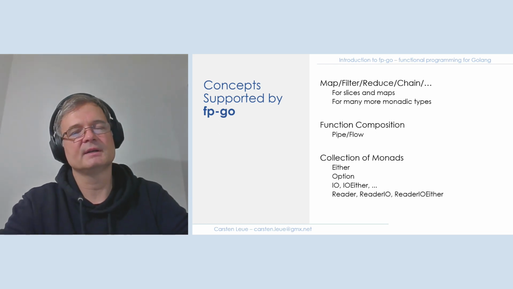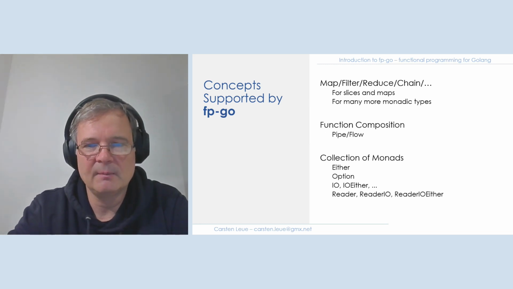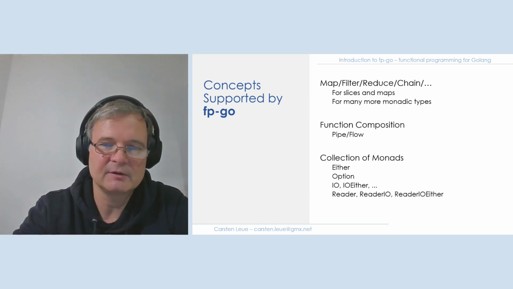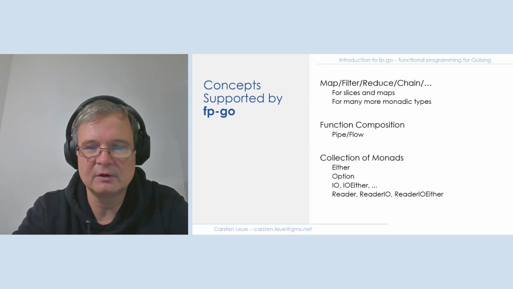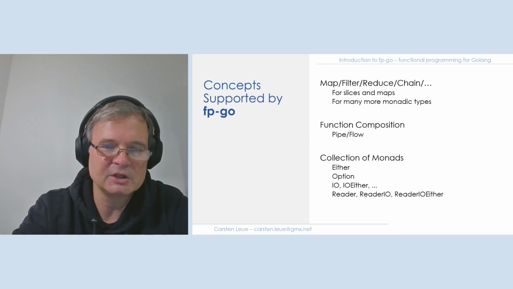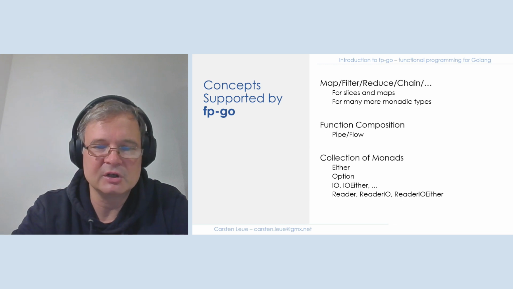The library also offers composition functions, so functions that allow you to stick together these map, filter, reduce, chain, monadic functions in a chain of operations. We have two of these composition functions, the pipe and the flow function, with the difference that the pipe function takes a value and then a set of operations and returns a value, and the flow function does not take an initial value, but just a sequence of operations, and it returns a new function that takes the initial value, which is very helpful for writing point-free style code.